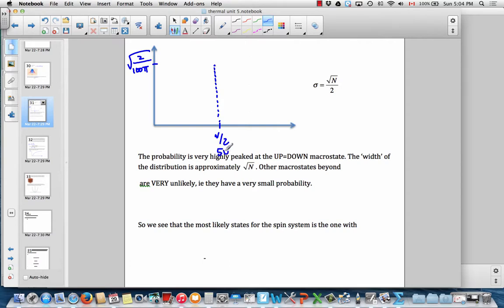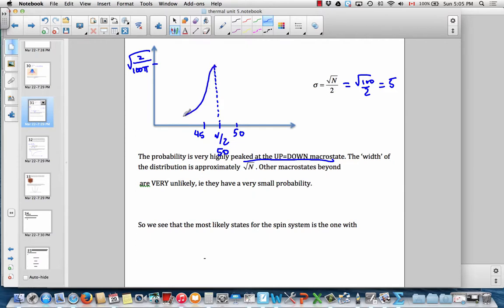And we know this distribution is going to be peaked at that point, the most likely up equals down macrostate. With 100 atoms, we get root 100 over 2, which is 5, as being our width. So most of our probability is going to be 5 less or 5 greater.